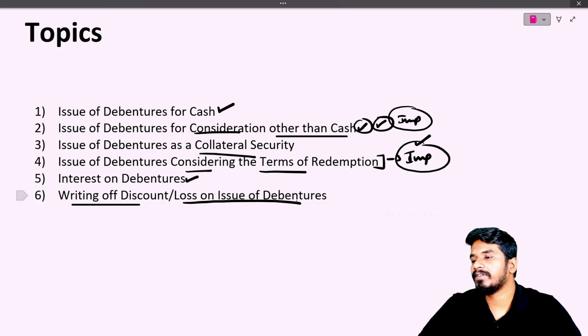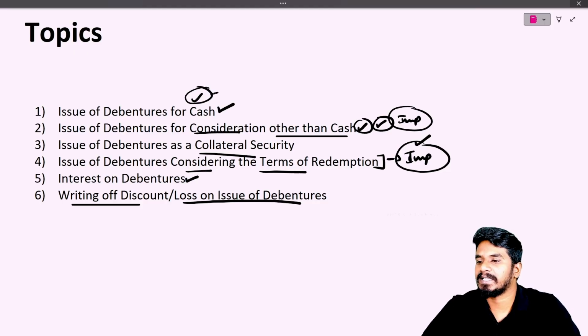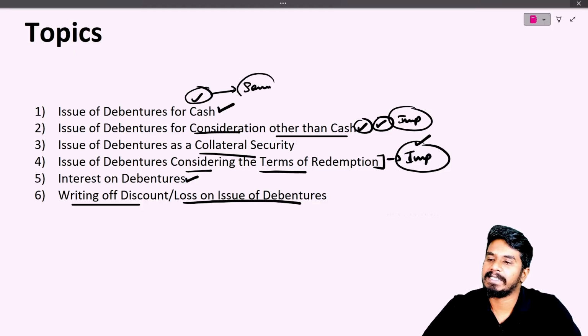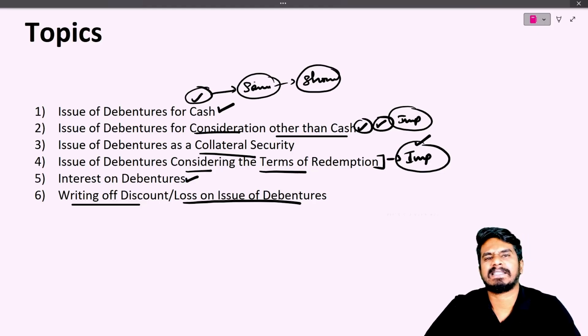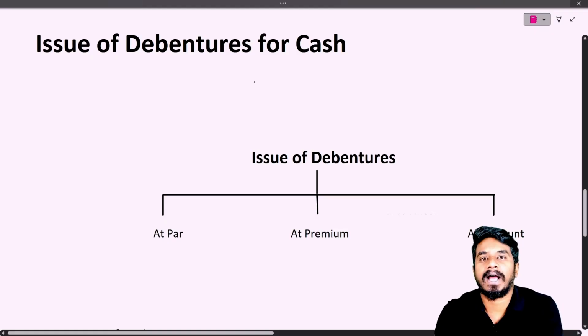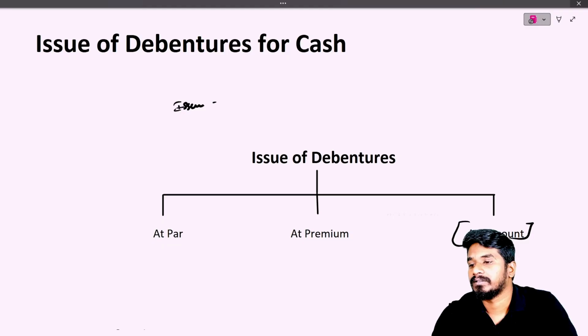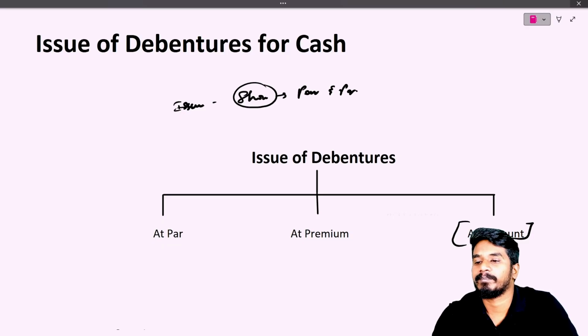Let us see the first topic, issue of debentures for cash, which has the same entries as shares. Whatever concepts we have learned in shares, the same concepts apply. Debentures can be issued at par, at premium, and at discount also. But in issue of shares, we were issuing only at par and premium.